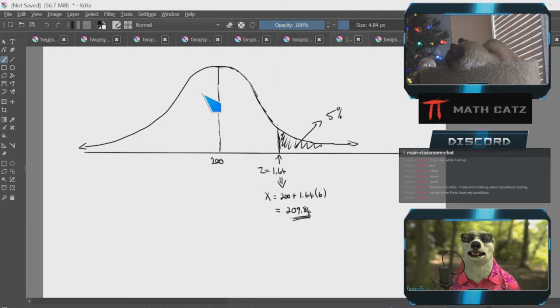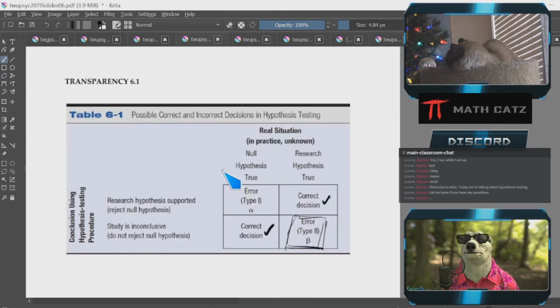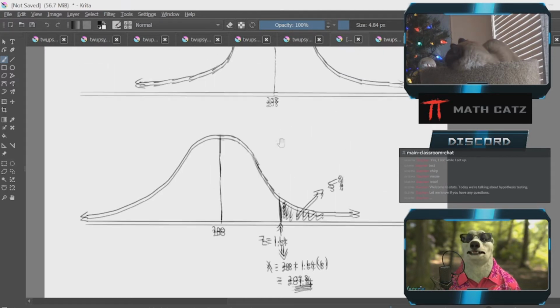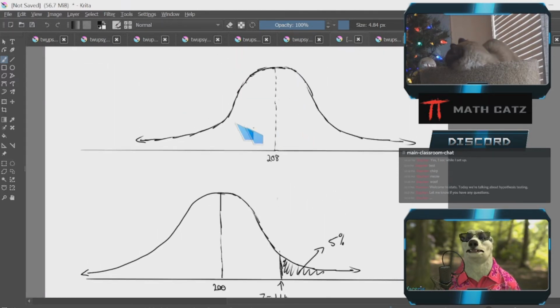Now, in this discussion of a type 2 error, remember, the research hypothesis is actually true. So we should reject the null hypothesis. The null hypothesis is not true anymore. So, of course, our best guess for the true position of the distribution is centered here at our sample mean of 208.